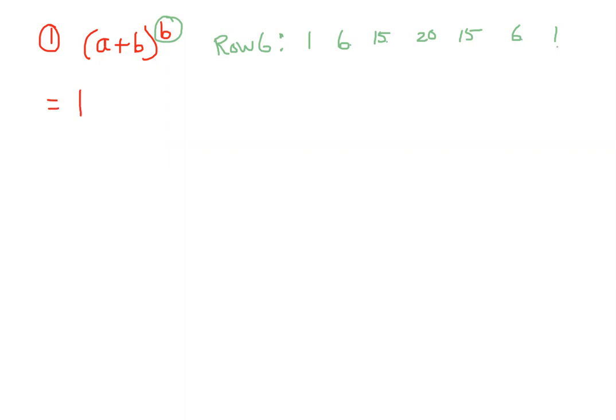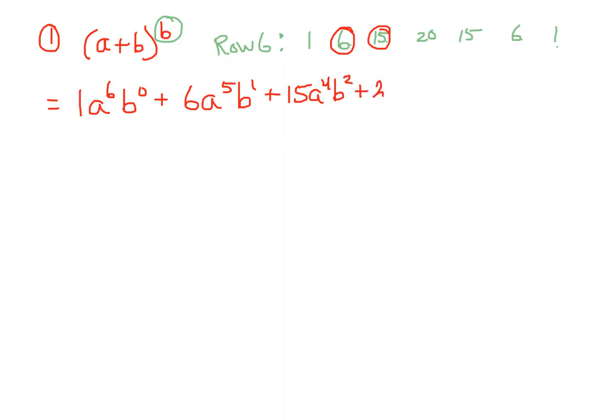So we're going to say 1, a to the 6th, b to the 0, plus 6, a to the 5th, b to the 1, plus 15, a to the 4th, b squared, plus 20, a cubed, b cubed, plus 15, a squared, b to the 4th, plus 6, a to the 1st, b to the 5th, plus 1, a to the 0, b to the 6th.